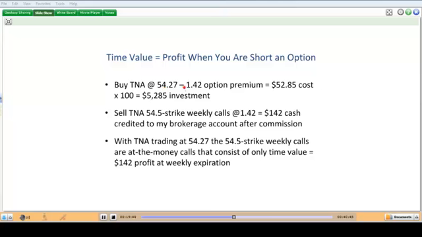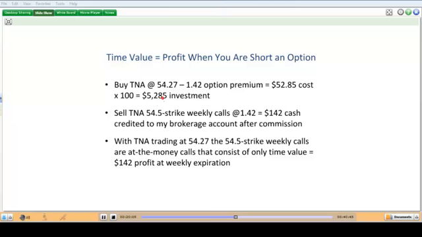So that reduces the cost of the stock to 52.85. So if you were to buy 100 shares, this would be a $5,285 investment. So let's assume you didn't own the TNA like I did, and you're going to initiate this last Friday. So to do one of these covered call trades, it would take $5,285.